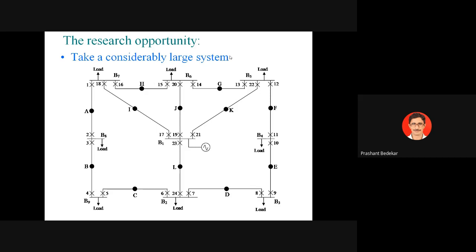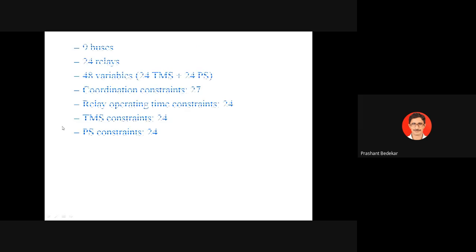The system which I am showing over here has generation connected to bus number B1 only. If you consider that you have generation here as well as here, let's say at bus number 9, the complexity increases.